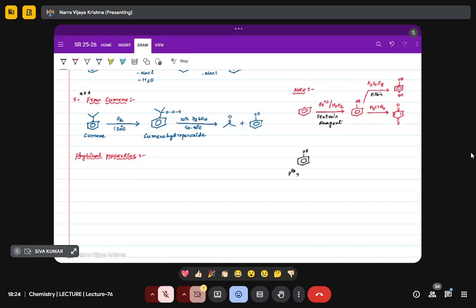I think we have seen these exact values in the electronic effects chapter. For phenol it is 9.95. I think you are talking about benzoic acid. If you have a COOH group, benzoic acid, pKa value is approximately 4.2.